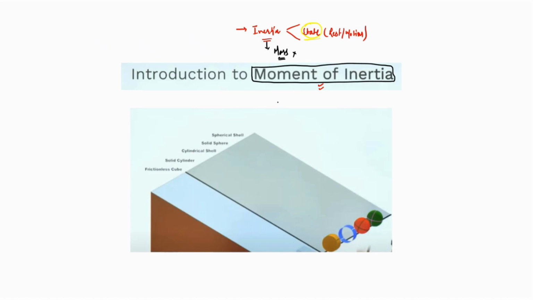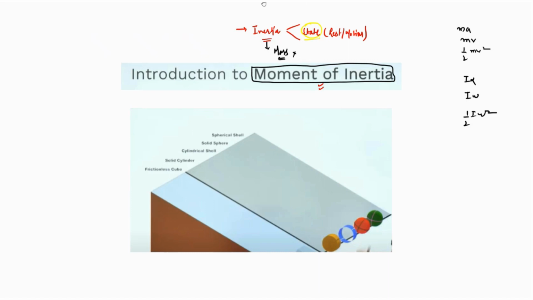Whenever we were dealing with translatory motion, we had ma, mv as momentum, and half mv square as kinetic energy. Here you will have I alpha, moment of inertia into angular acceleration, I omega, moment of inertia into angular velocity, as angular momentum, and half I omega square as kinetic energy.